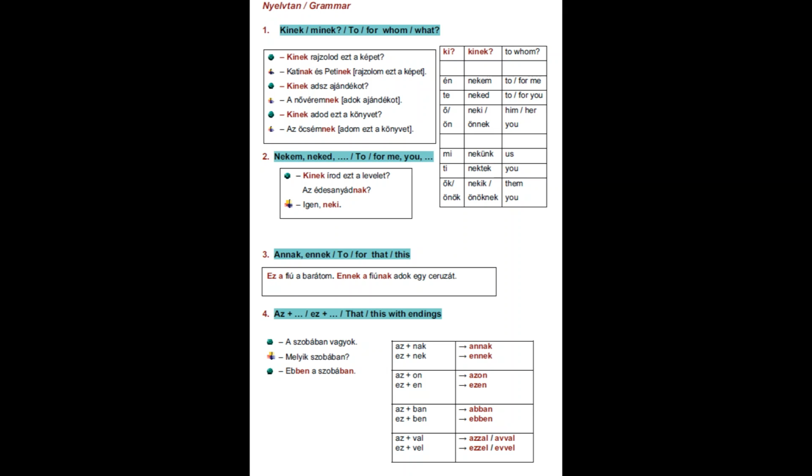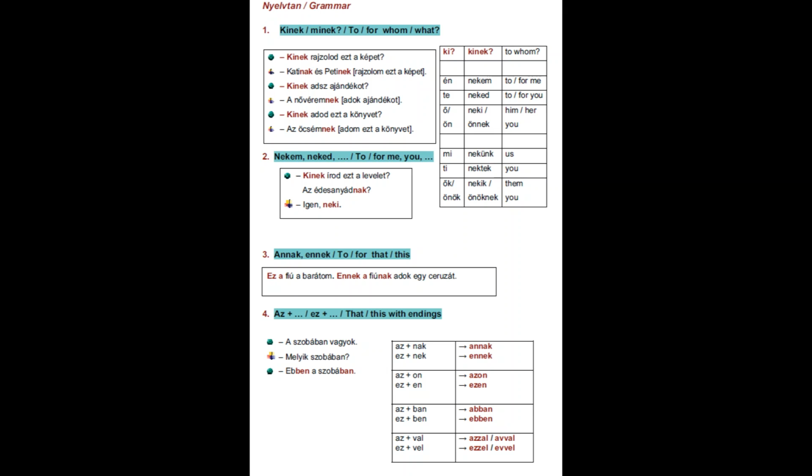A nővéremnek. So, we haven't really learned this, but you may know it just through your family communications. Nővérem is your sibling. It's your sister. It's a female sibling, but it's not just any female sibling. It's your older female sibling.